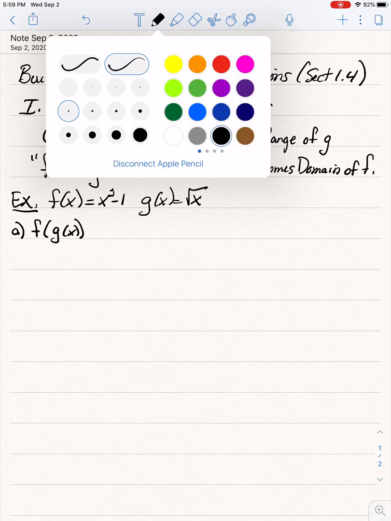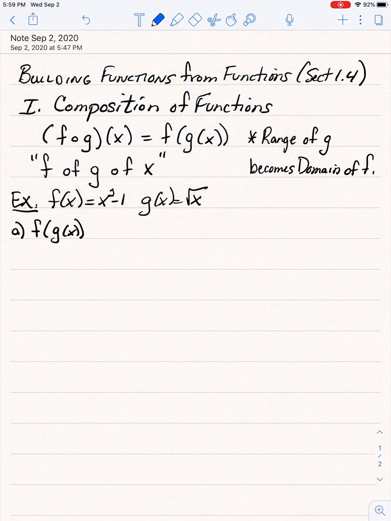Essentially, g of x, in this case square root of x, is going to be plugged into the f function for x. So we're going to take square root of x and substitute it in over here. So what does that look like?